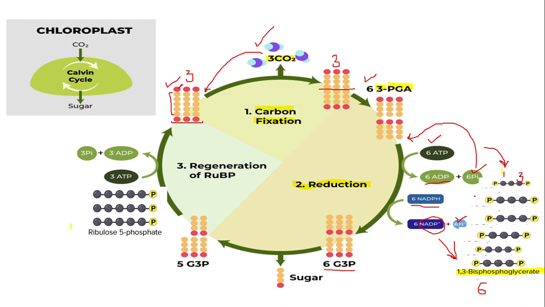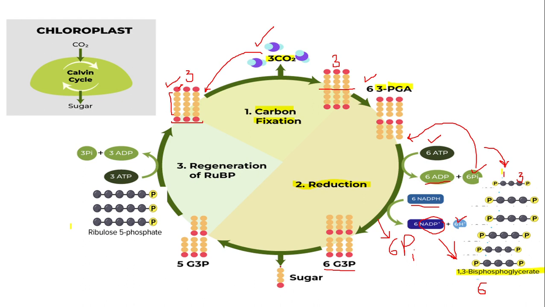One thing, guys, you can see here that the phosphate that was previously attached to carbon number 1 is now lost. So there is also a loss of 6 inorganic phosphates here. There is now the formation of 6 G3P, and this is G3P.